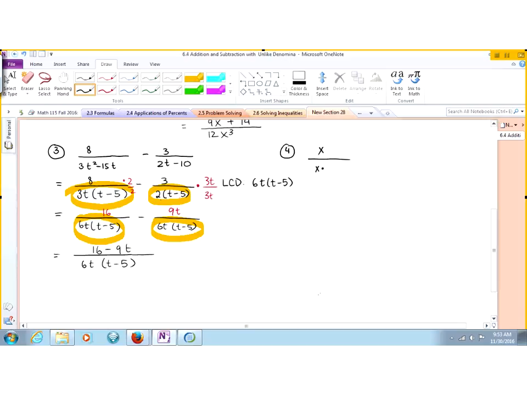Now, number 4. What did I write? So x over x plus 2 minus 10 over x squared minus x minus 6. Okay. So factor first. How do we factor this?